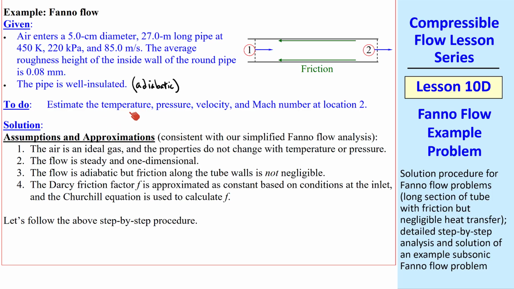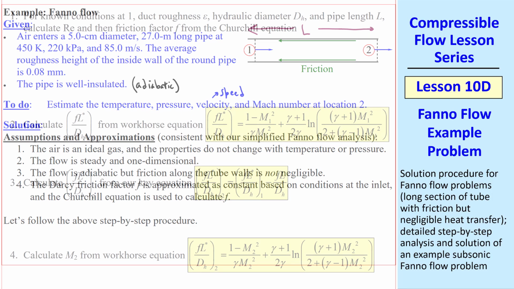And here we want to estimate temperature, pressure, velocity, which I really should call speed, since we know its direction is to the right, and Mach number at this location too. Again, L is the actual length of the pipe. So this is exactly the kind of problem for which I just gave the procedure, and we have the same assumptions and approximations. So let's follow the above step-by-step procedure to solve for these properties at 2.